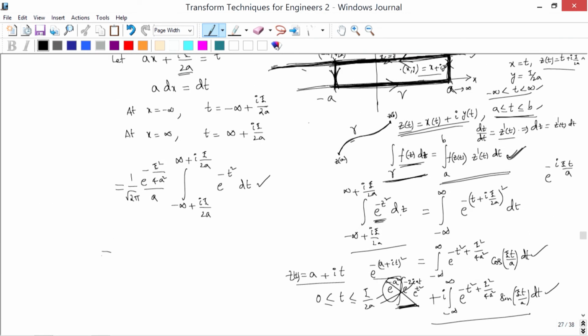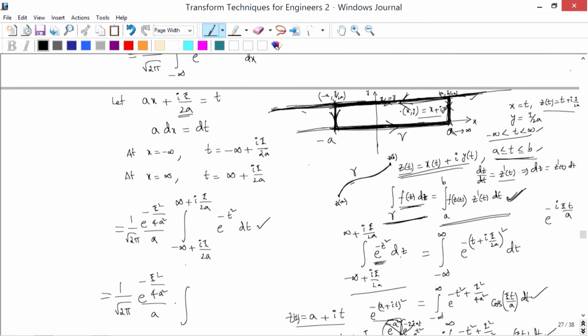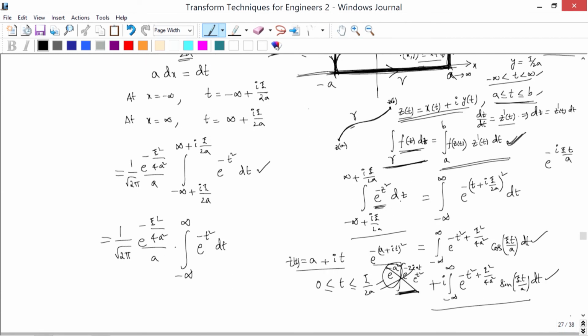What you see is, right now I will just explain orally and put it directly: e power minus xi square by 4a square into this integral, that is the same as this one. So, that is the integral from minus infinity to infinity of e power minus t square dt. Now, t is complex or not does not matter, because you are on the real line.